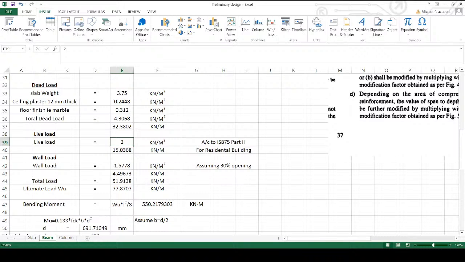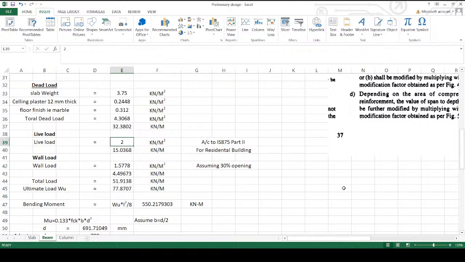You have to go to IS code 875, part 2, table number 1.